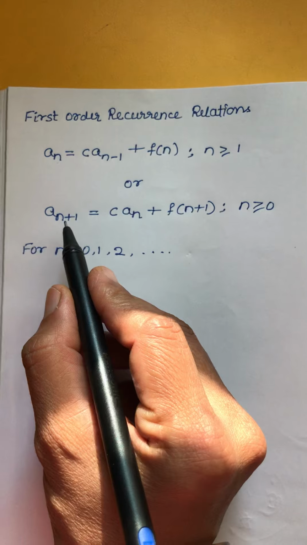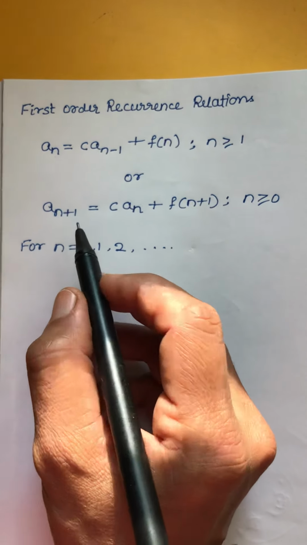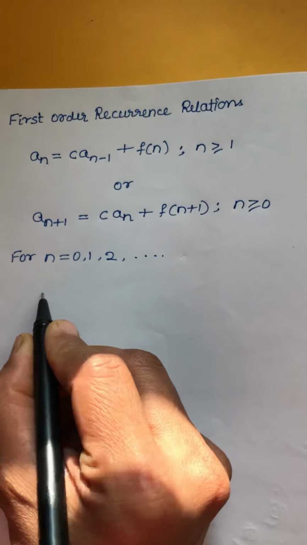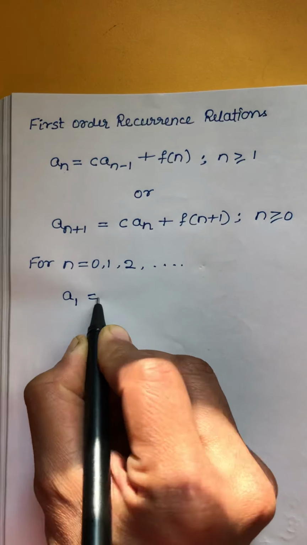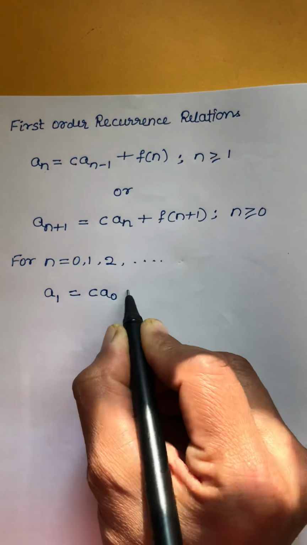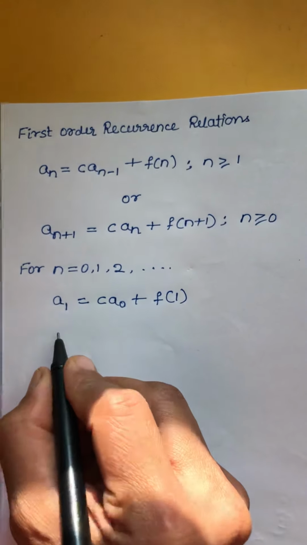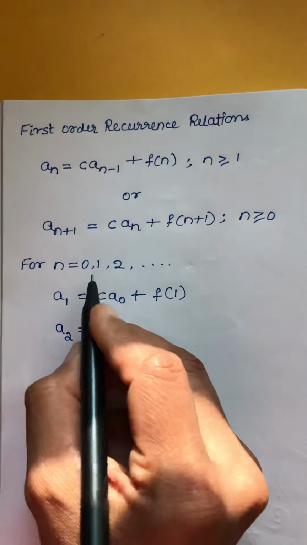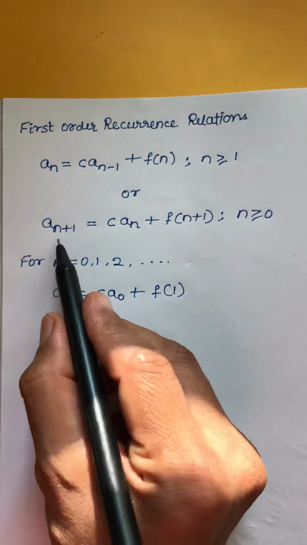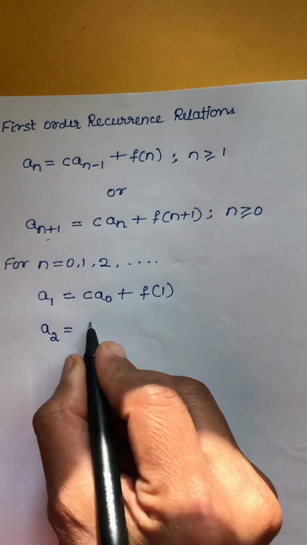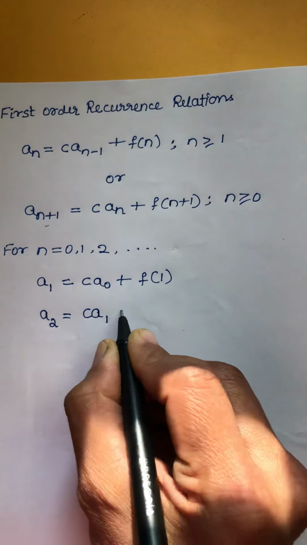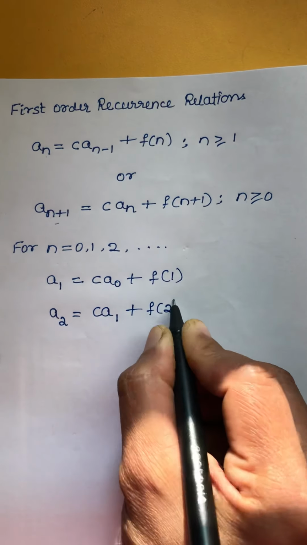Now we will consider any of these expressions. Suppose I consider this relation. I take first n equal to 0. So what do I get? I will get a_1 = c a_0 + f(1). Next, if I take n as 1, I will get a_2 = c a_1 + f(2).